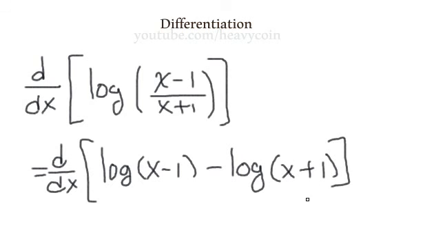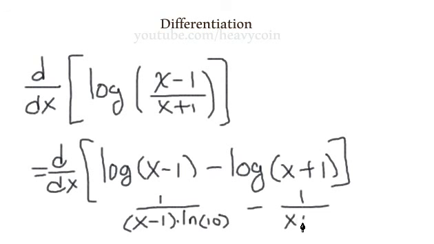Right. Now we take the derivative. So this becomes 1 over x minus 1 times the natural log of 10 minus 1 over x plus 1 times the natural log of 10. Right. So that's going to end up being the derivative finally. So we have to rewrite, expand it out, and then take the derivative. Alright.